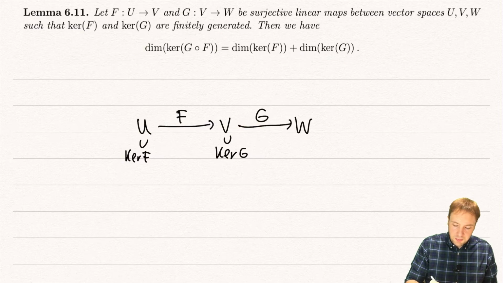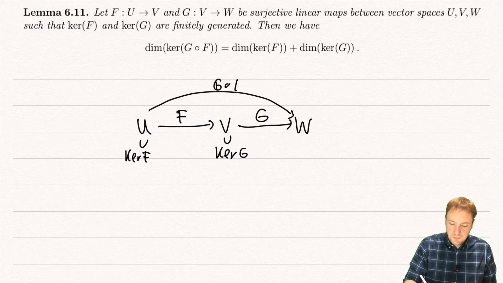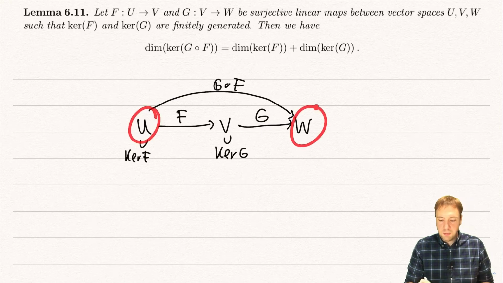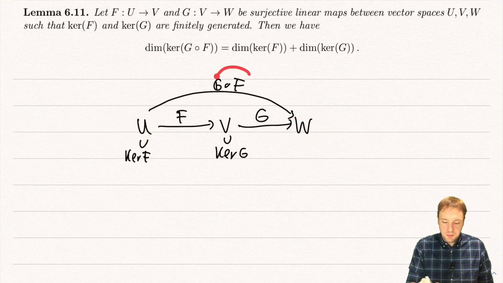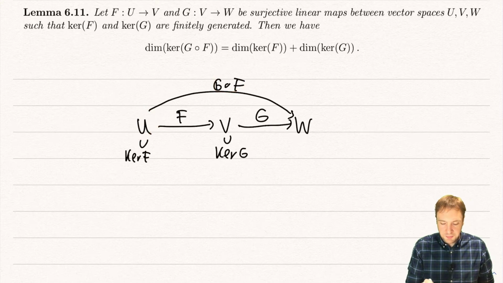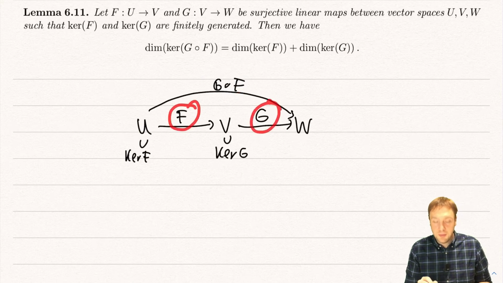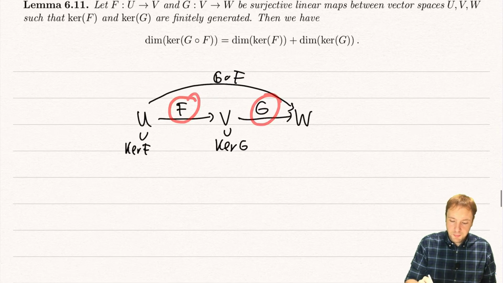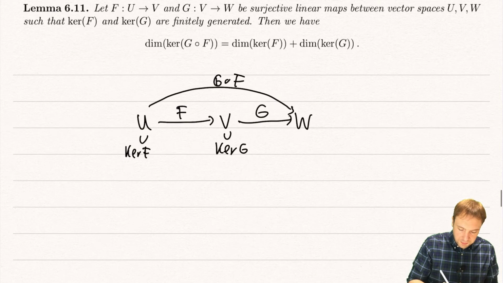So the map g circle f goes from U to W, and the kernel of this also lives in here. This statement says that the dimension of the kernel of this map equals the dimension of the kernel of f plus the dimension of the kernel of g. Okay, so let's prove this.